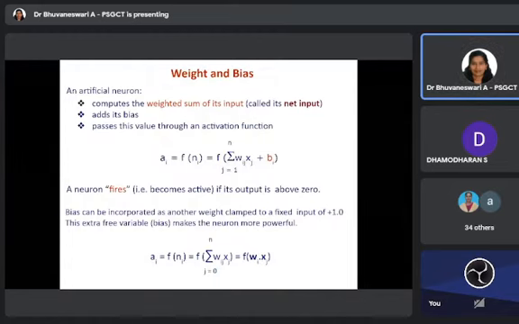Now the key things that need to be considered here are the weights and biases and the activation function. So you randomly assign weights to each neuron. Okay, a neuron can have any number of inputs.